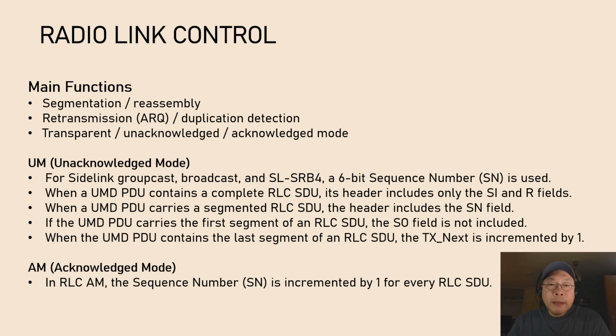The header fields vary depending on whether the SDU is complete or segmented, and the TX next counter increases with the last segment. In acknowledged mode, the sequence number increases by 1 for each SDU, ensuring reliable in-order delivery.